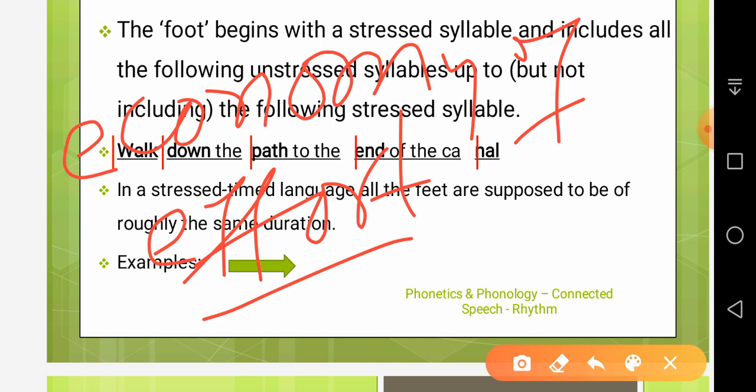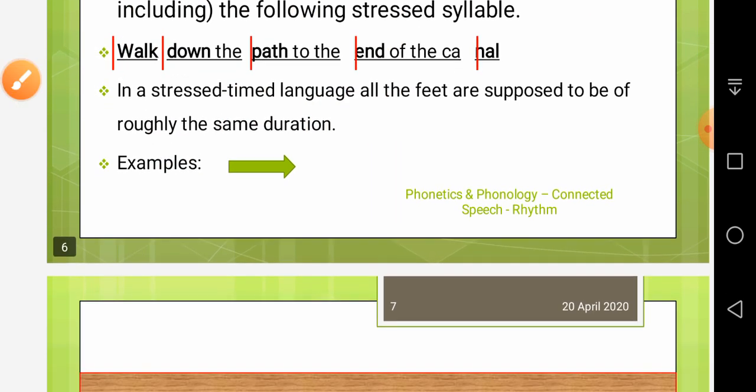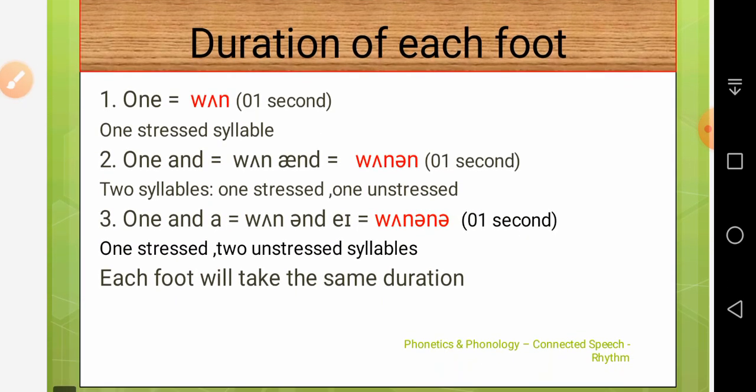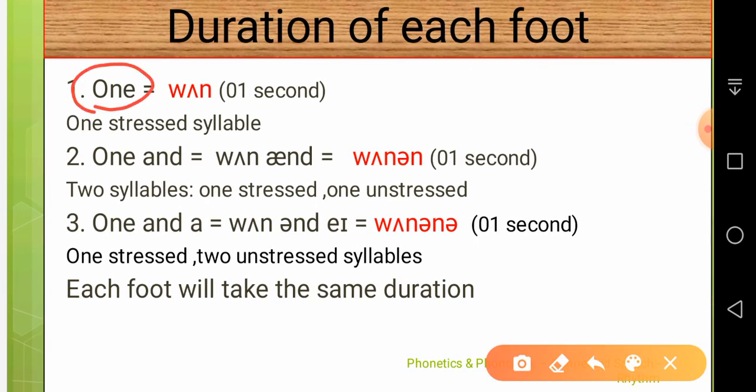Now today I'm discussing rhythm. Now let's go to a few examples of the duration of each foot. Here is a word, one, O-N-E, one. I have shown here the phonemic transcription. Let's say I take 1 second to pronounce it. So this has got only one stressed syllable.